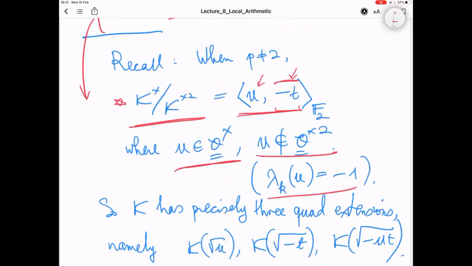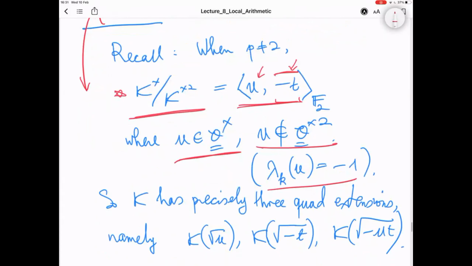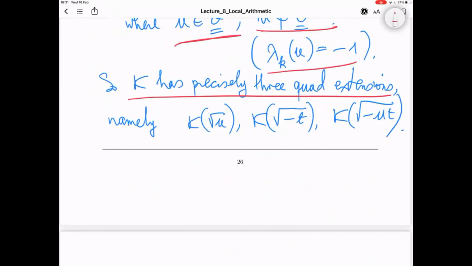It's the same as saying that lambda K of U is minus 1. So K has precisely 3 quadratic extensions because there are precisely 3 non-zero elements in K star modulo squares. And those are U, minus T and minus UT. So the quadratic extensions are K root U, K root minus T, K root minus UT.